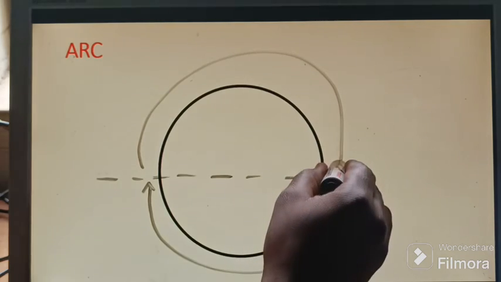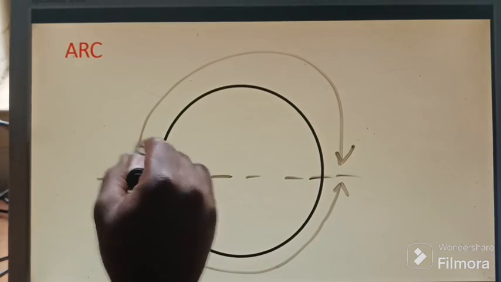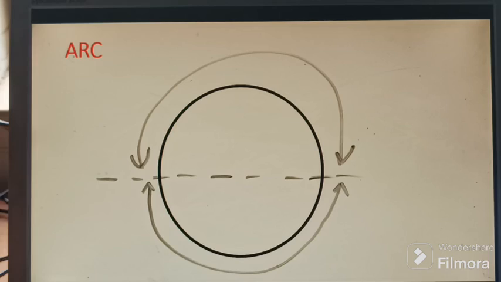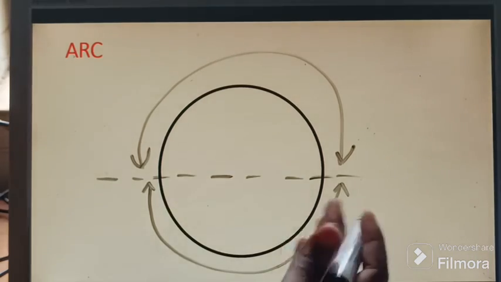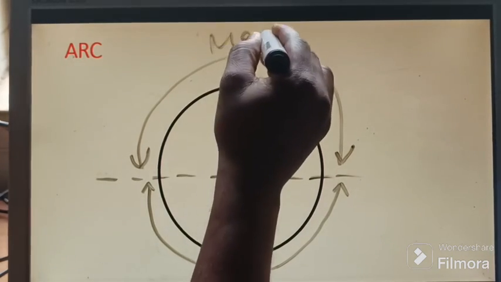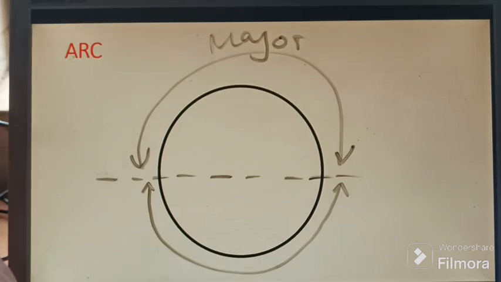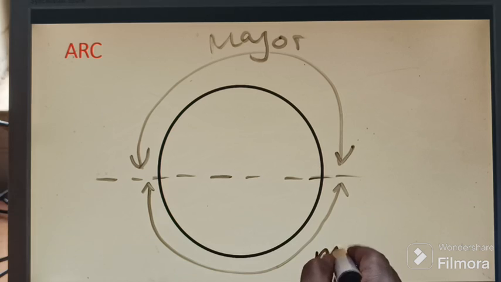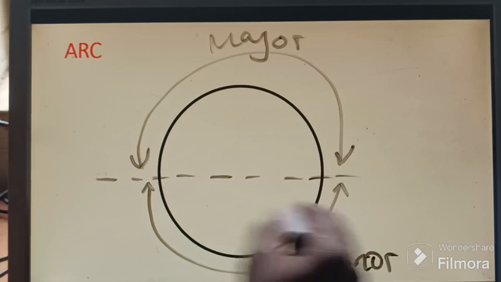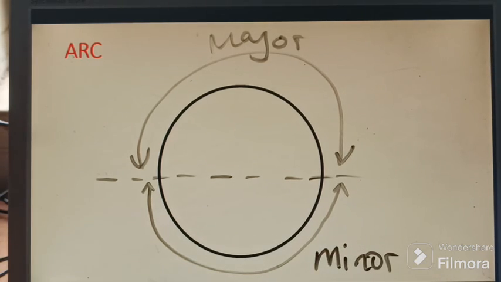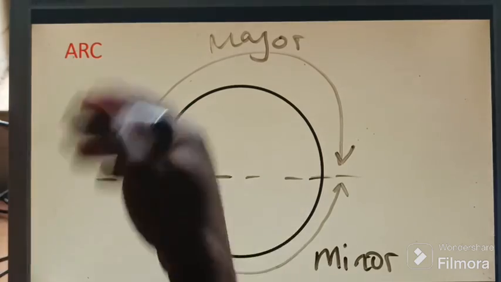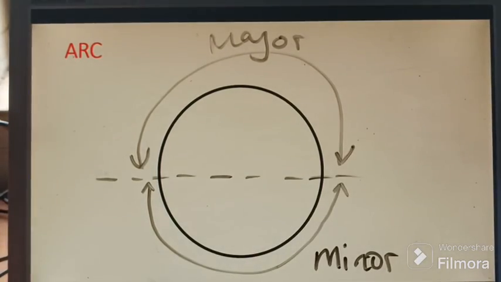We have got two arcs, and the bigger arc is going to be called the major arc, and the smaller arc the minor arc, like that. So that's what an arc is. It's part of the circle, part of the circumference.